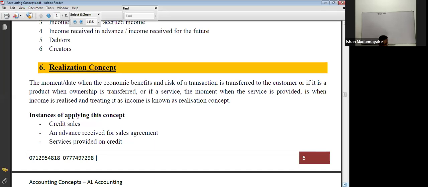Without passing risk and reward related to the product, we can't recognize an income in the financial statements. To recognize an income, risk and reward should be transferred to the customer.